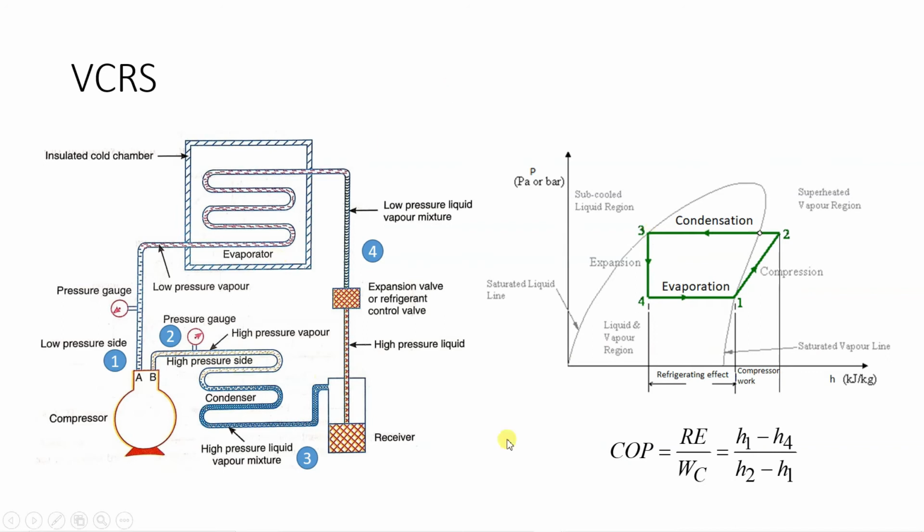So when we have saturated vapor at point 1 and saturated liquid at the exit of the condenser, that is called the standard vapor compression refrigeration system. Then 3 to 4 we have isenthalpic expansion where pressure and temperature drop in the expansion device, and 4 to 1 is heat absorption in the evaporator.